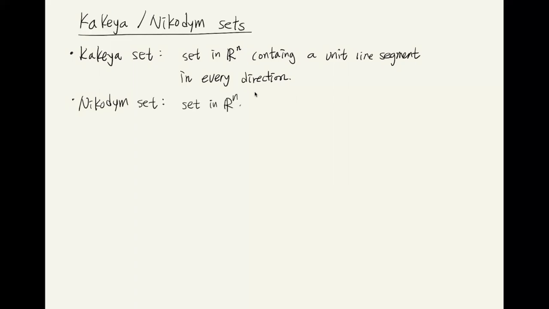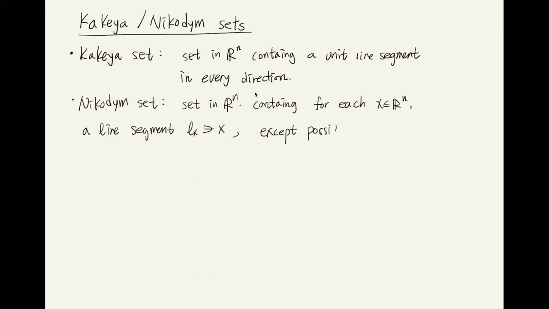There are some other versions of the definition, but let me use this definition. A set in R^n containing, for each point x, a line L_x, let's say a unit line segment, so it's supposed to contain a unit line segment containing x, except possibly for the point x.